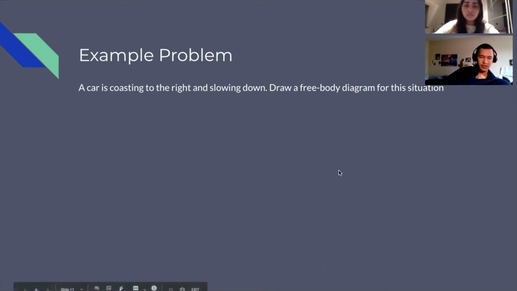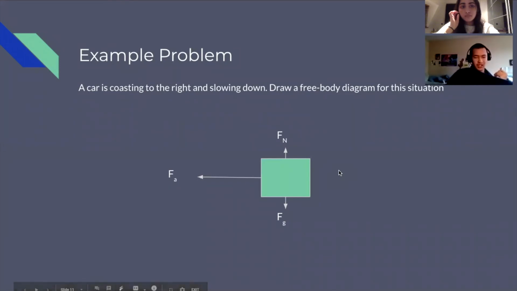Okay, so when we draw a free body diagram, we know that it's slowing down. So we know the acceleration is going to be pointing in the opposite direction as the motion. And since we're told that it's going rightwards, our acceleration should point leftwards.